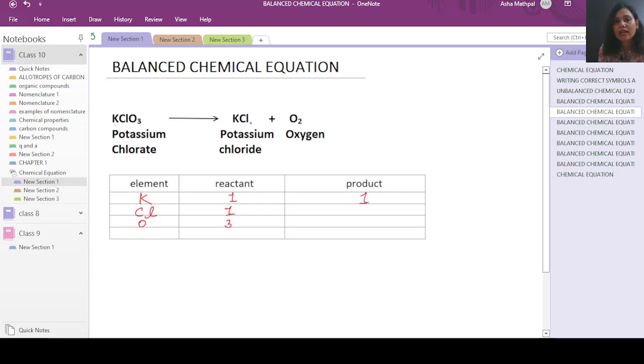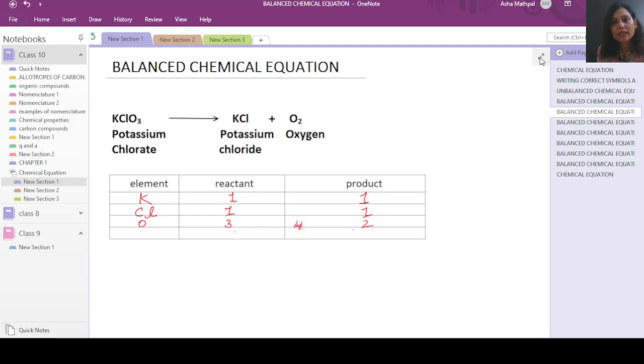Nothing is mentioned at the foot of Cl, so Cl is also 1, and O on this side is 2. So as you can see, this equation is an unbalanced chemical equation, because the number of oxygen atoms on the reactant side and the product side are not equal.